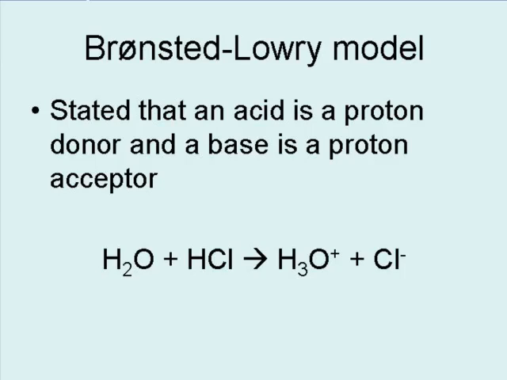So in the reaction below, we can see that H2O and H3O+ are conjugate acid-base pairs, which means they're separated by only a hydrogen. And then HCl and chlorine are also a Bronsted-Lowry acid-base pair.